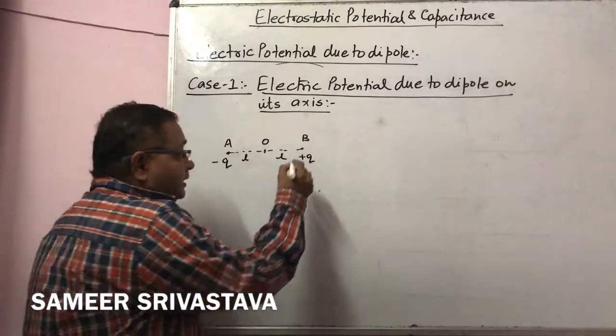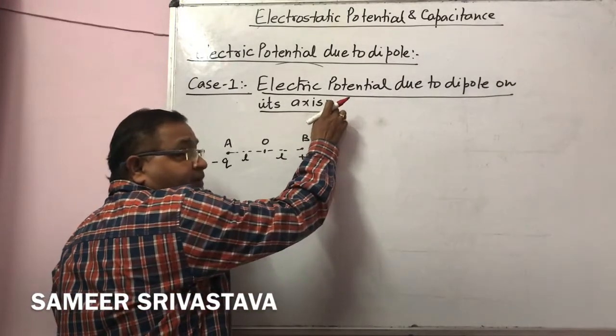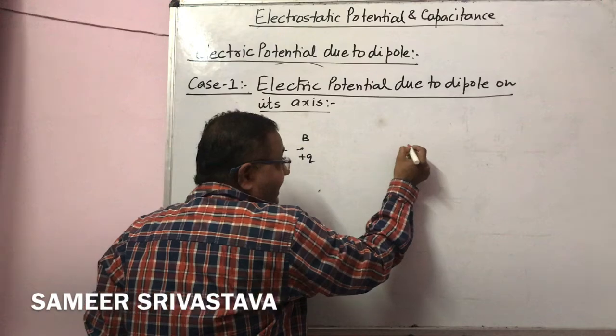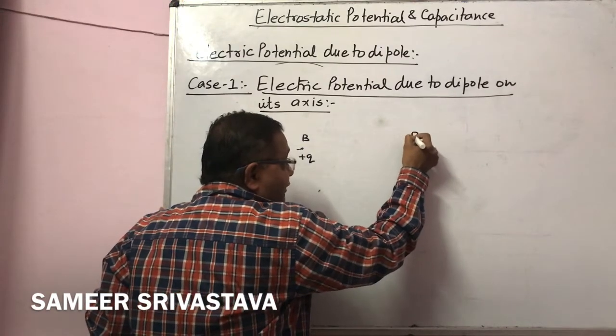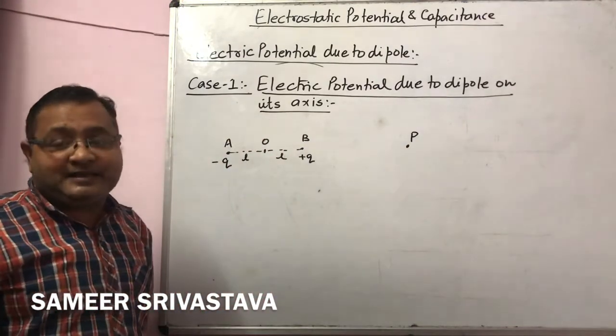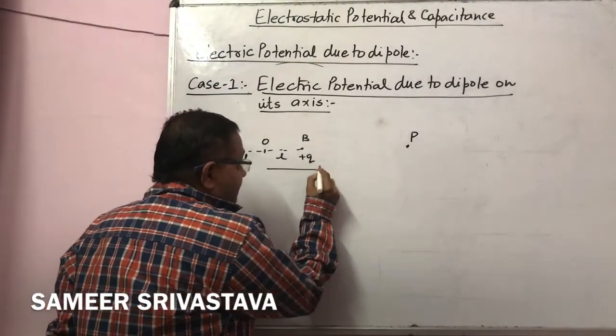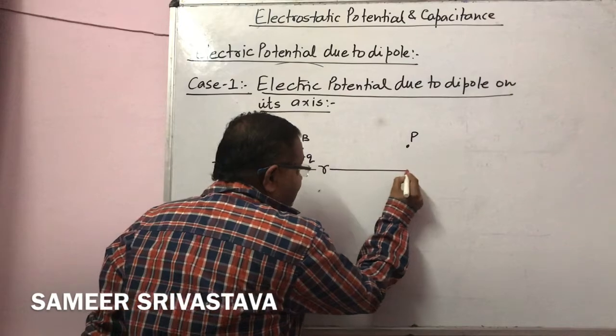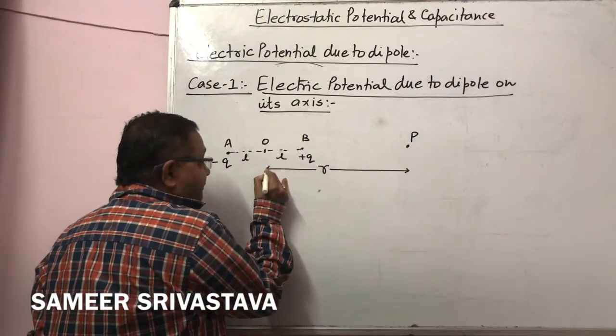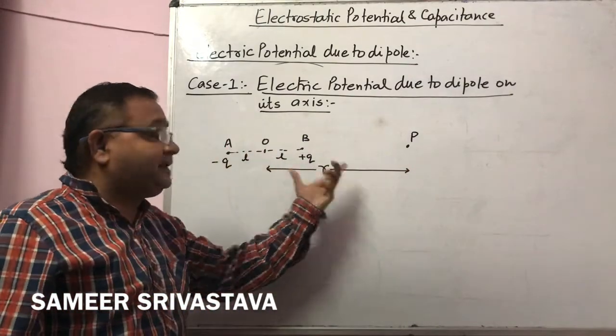Now, we take one point P on the axis of dipole, and the distance between the center of dipole and P is assumed as r.